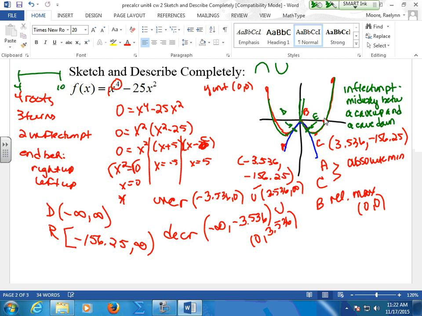How do I find the midpoint? Add it, divide it by 2. So, we're going to take the x values, add them, and divide it by 2. But look at this x value. This x value is negative 3.536. What's this x value up here? 0. So when we add negative 3.536 plus 0 and divide it by 2, what do we get?